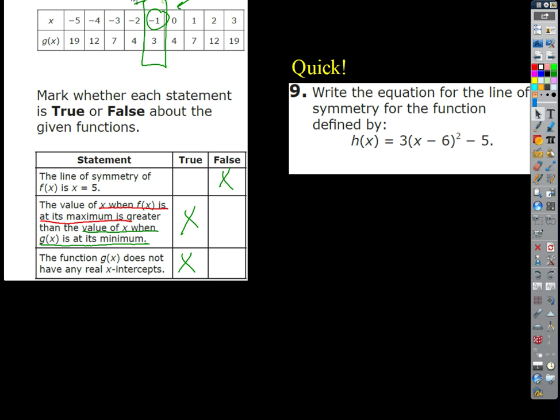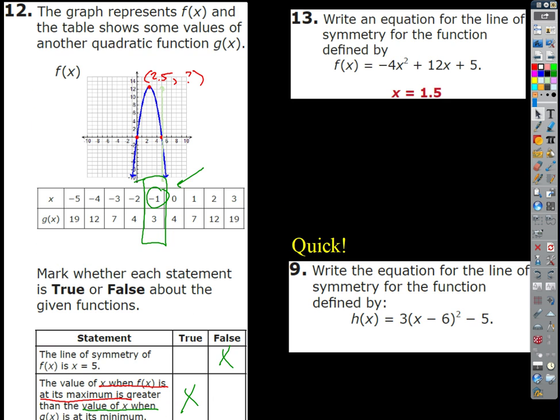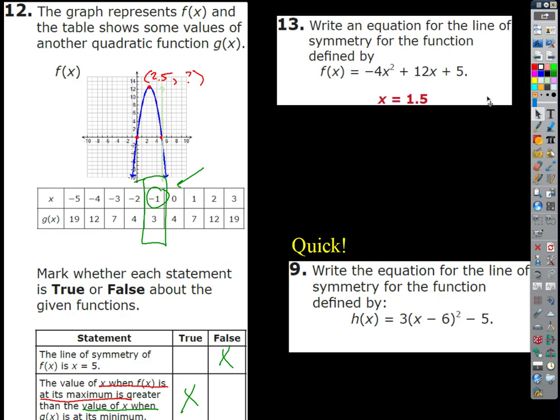All right, very quickly, how would I find the equation for the line of symmetry for this function? Remember, the line of symmetry is just going to be x equals h, right? h is negative b over 2a. Well, that's negative 12 over 2 times negative 4, which is negative 8.